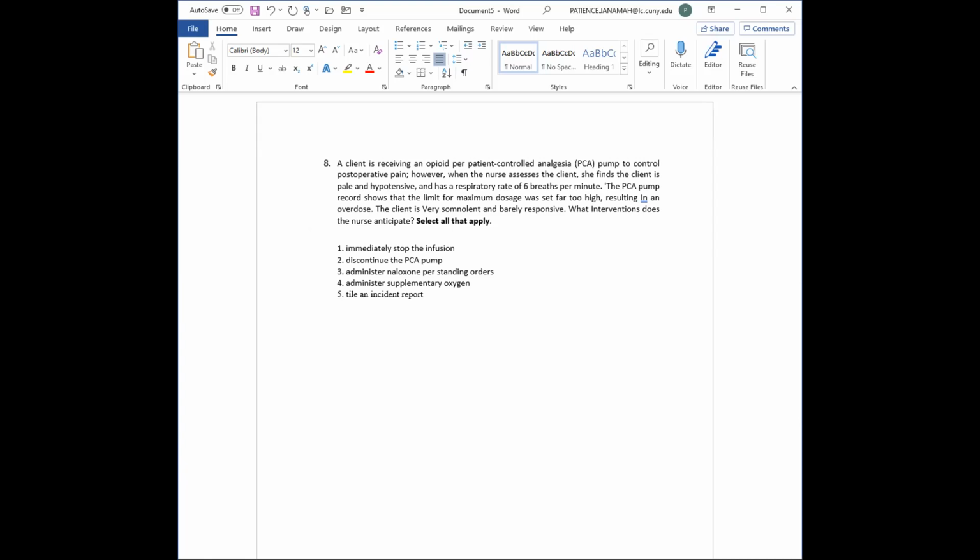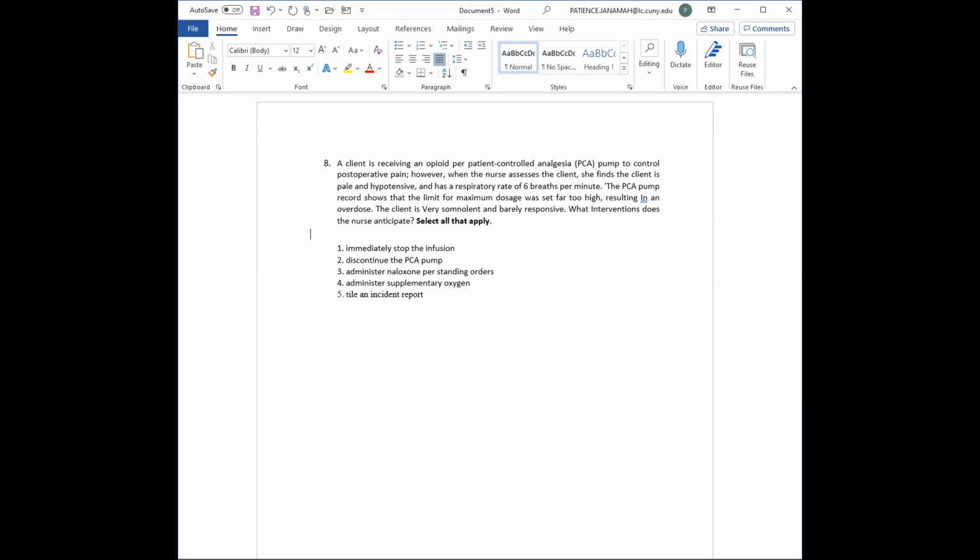The pump controls the frequency and dosage and maintains the therapeutic level to keep pain stable, without spikes of pain before the pain medication starts setting in.